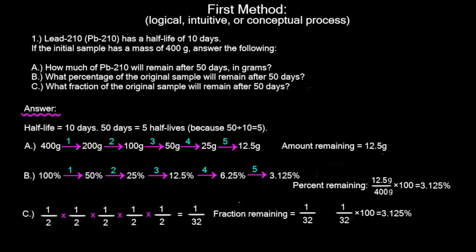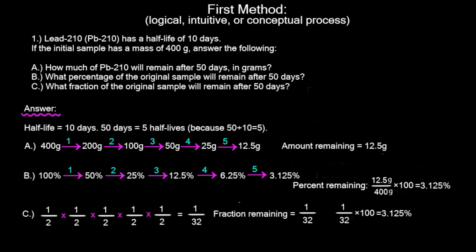Option C is asking us to express the amount of substance remaining as a fraction. Remember, the substance is reduced by one half with each half-life. So to find the fraction remaining, we multiply one half by itself 5 times, because the original amount goes through 5 half-lives. When we multiply 1/2 by itself 5 times, we get a value of 1 over 32.